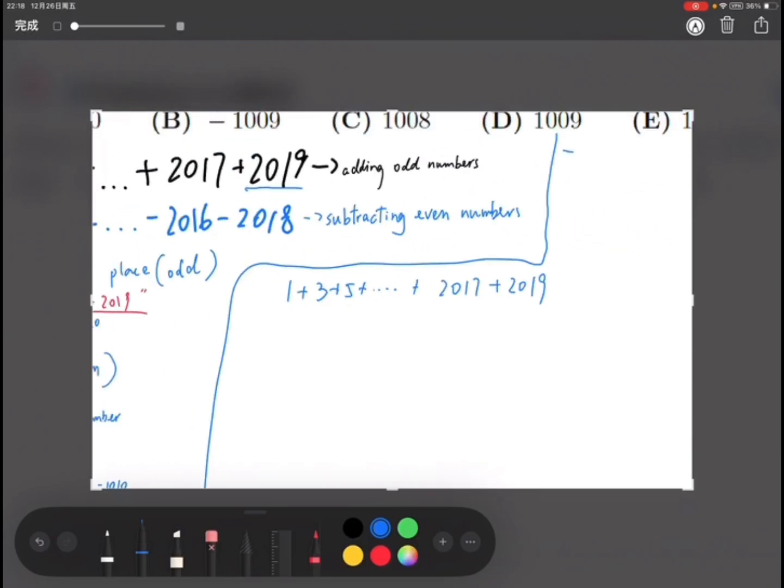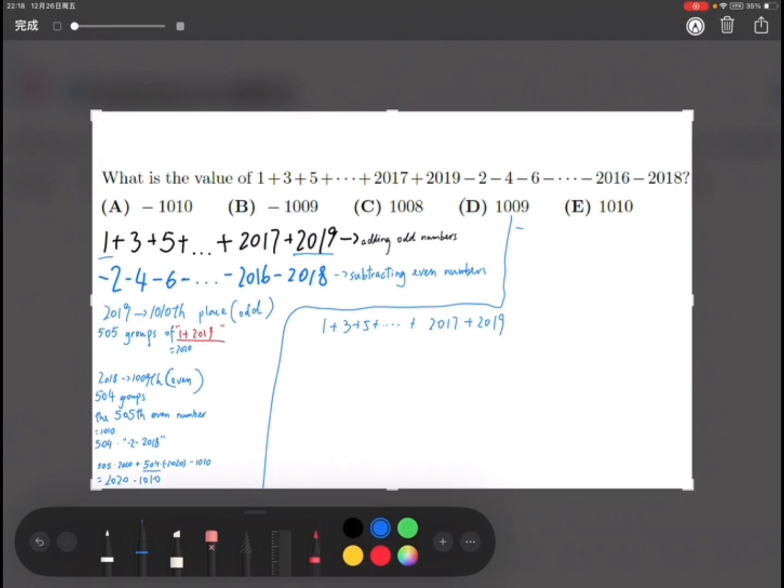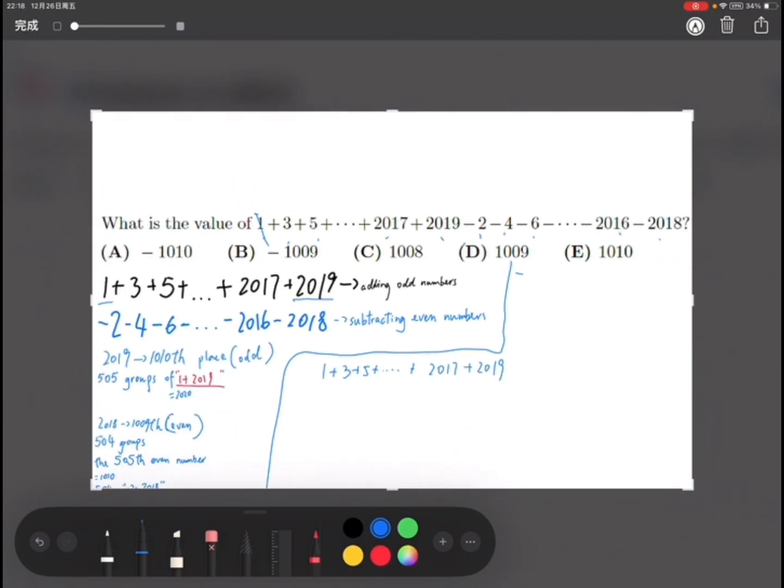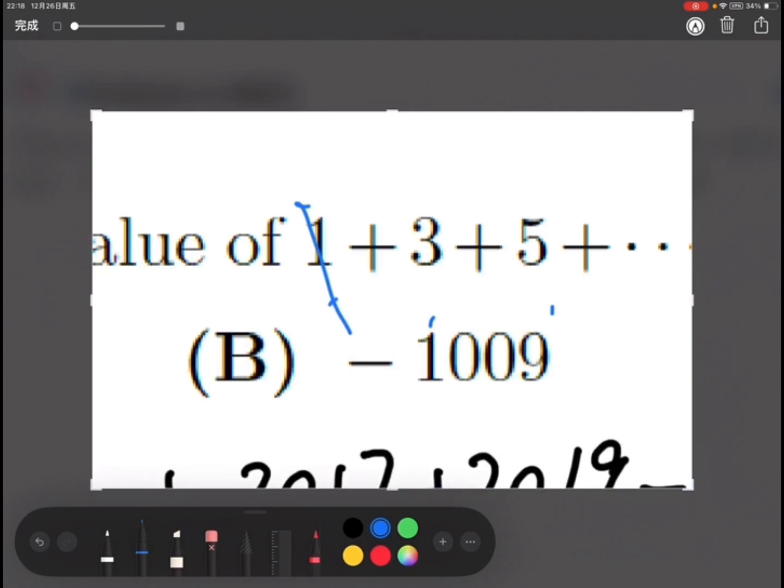So we see 1, 2, 3, 4, 5, 6, and so on, 2016, 2017, 2018 and 2019. In order to make them into a pair, if we get rid of this one at first, we could put all of them into a pair, where +3 and -2 would make 1, and it would be perfect in this sense.